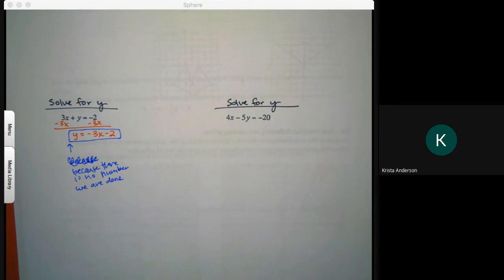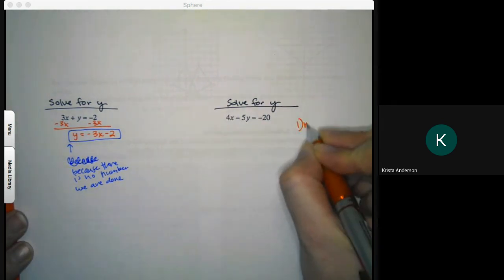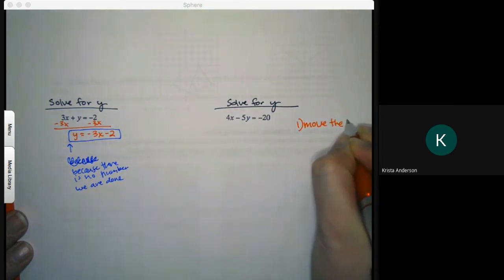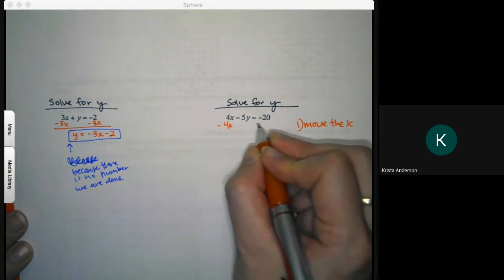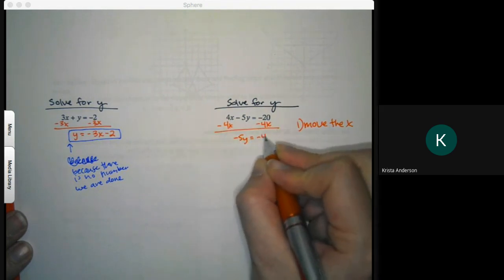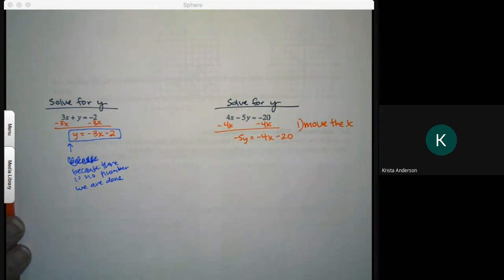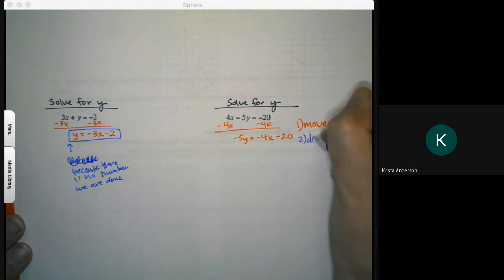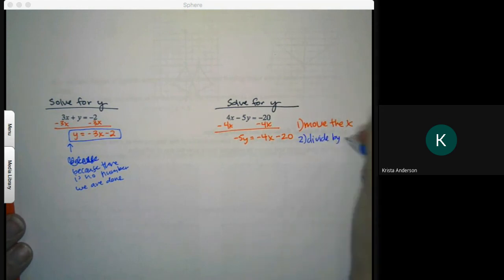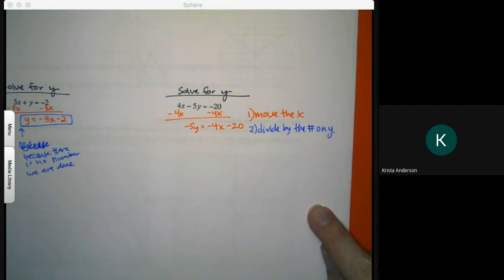Solve for y. I want y by itself, so I'm going to move the 4x. Negative 4x with a minus 20. Divide by the number on y. The number on y is a negative 5.